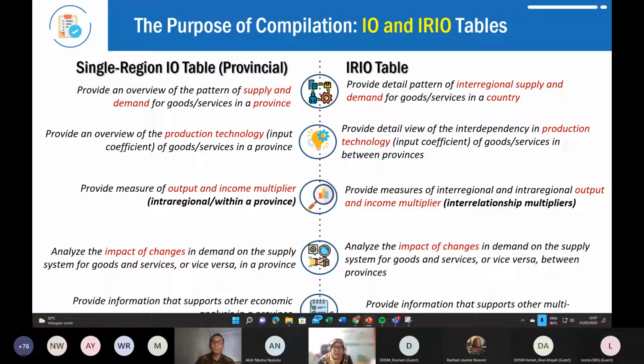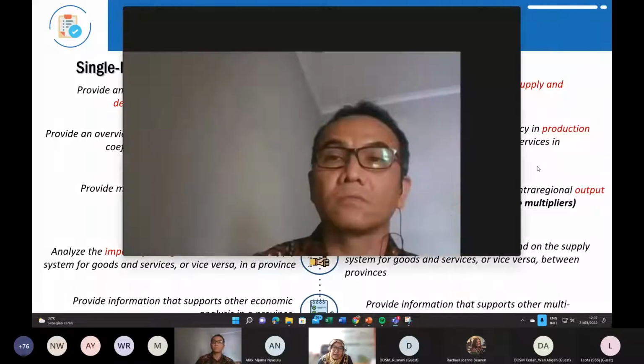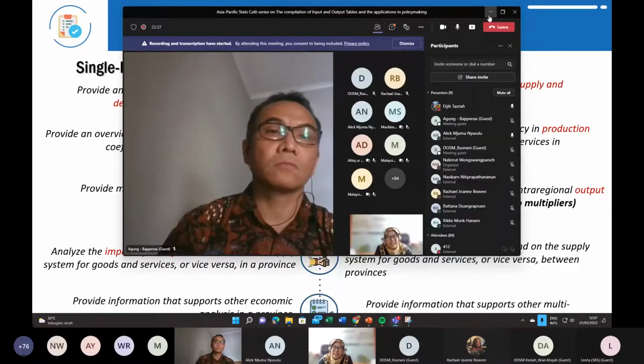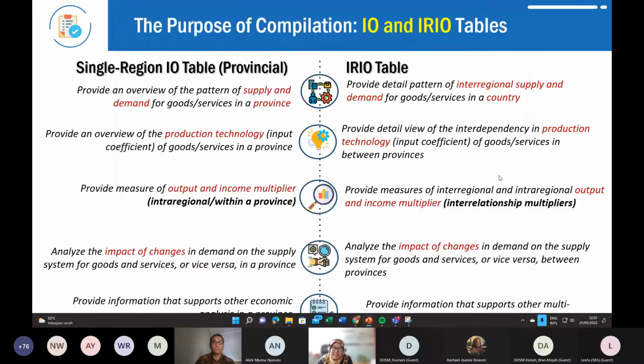While the IRIO is more complex, we can have a detailed pattern of interregional supply and demand, and also we can have production technology which are different between provinces, and we can also analyze the income and output multipliers or interrelationship multipliers between regions and also between industries in a particular region in Indonesia.